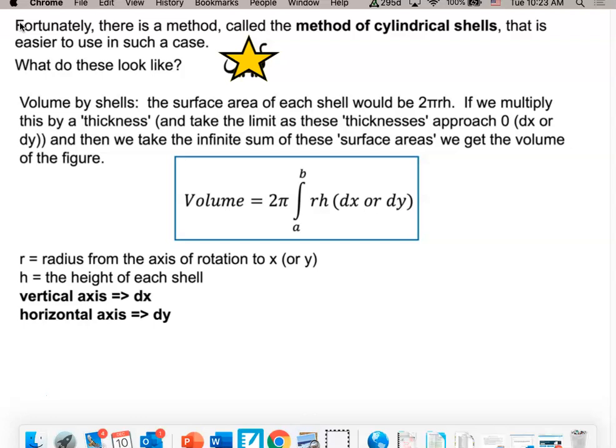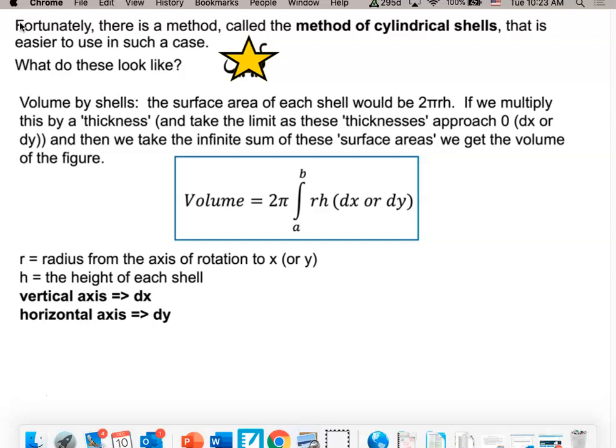So area of a rectangle is length times height. So what is the width of the rectangle? It's the same as the circumference of the circle, right? Okay, so what's the circumference of a circle? 2 pi r.